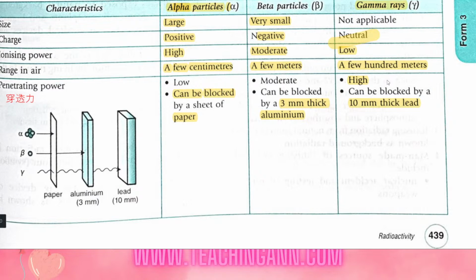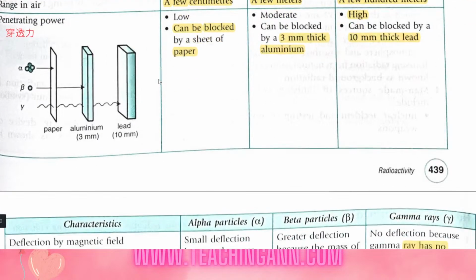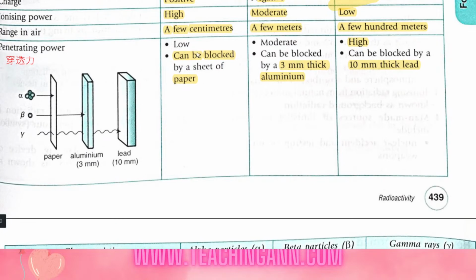I have to let you understand the distance. Penetrating power is very very high. It can only be blocked by 10 mm thick lead. This is usually where we see a nuclear power plant.